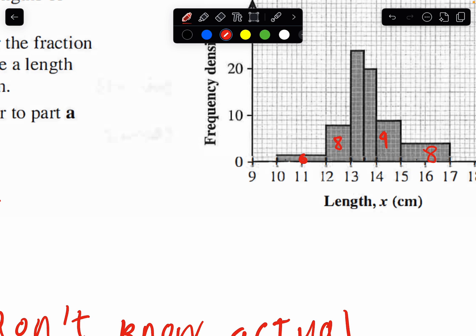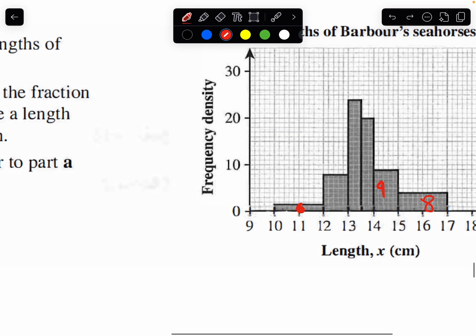This one is a half across and what appears to be, how many tall is that? 24. A half times 24 is 12, and this one is a half across as well, and it appears to be exactly 20 tall. That's 10.